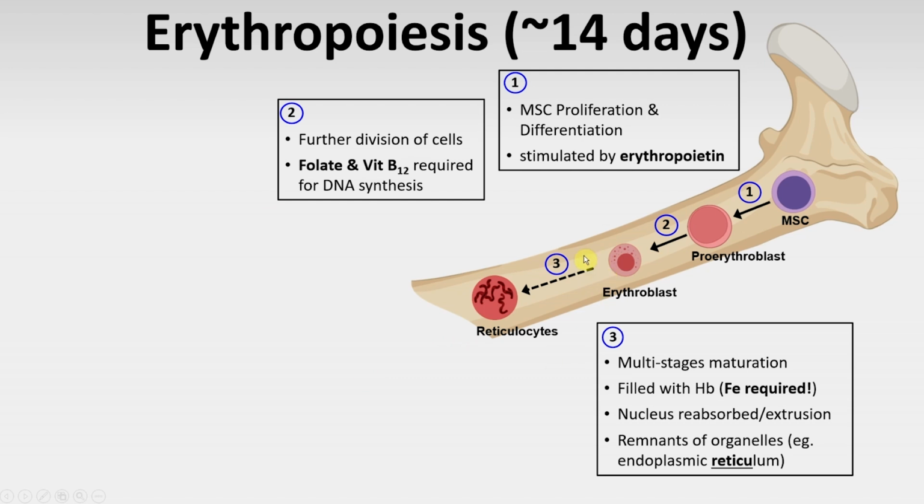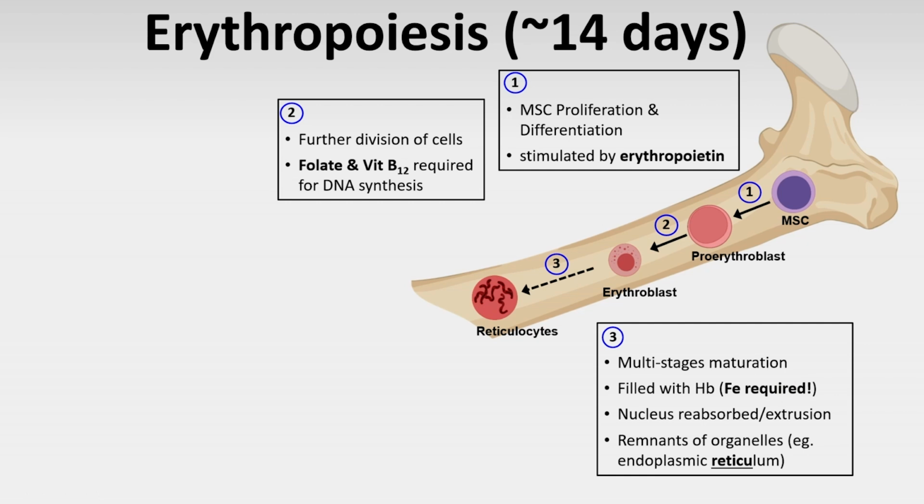You can see here that the arrow is summarized into dotted arrows because this involves a lot of stages, which I have simplified in one broken arrow. But essentially what you need to know in these multi-stages of maturation is that the erythroblasts will start to be filled with hemoglobin. And of course, the synthesis of hemoglobin would require iron. And hence, with iron deficiency, the process of erythropoiesis will be disrupted.